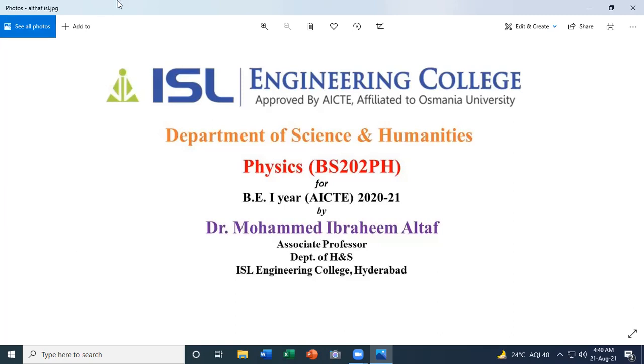Before going to the lasers, what is the full form of laser? You are already aware of the acronym of laser. Laser is nothing but light amplification by stimulated emission of radiation. Now, how is the laser different from normal light?